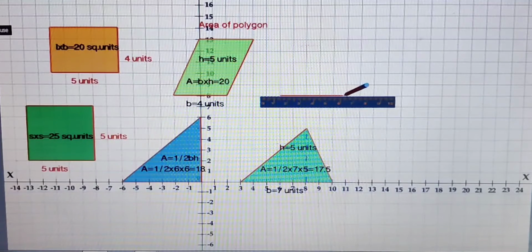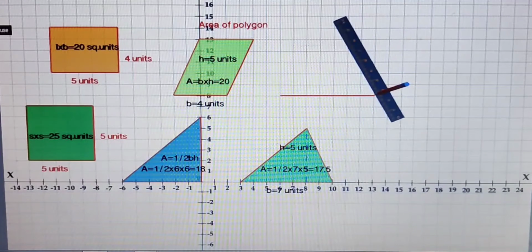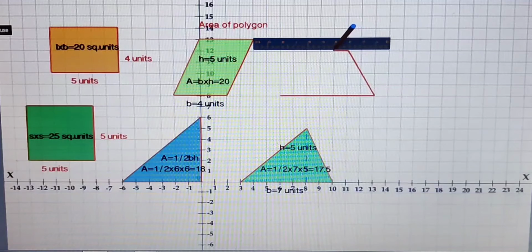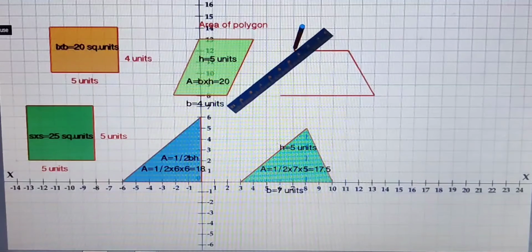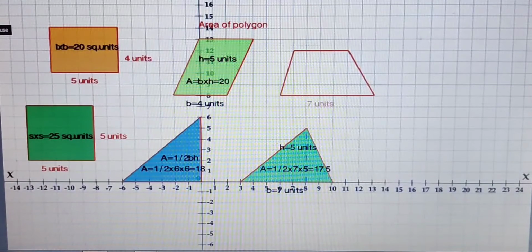Now the next figure is, what is this? The perpendicular units. This is the height or the perpendicular distance between the two parallel lines. It is a trapezium in which two lines are parallel. The area of a trapezium is 1 by 2, sum of the parallel sides into the distance between parallel lines.